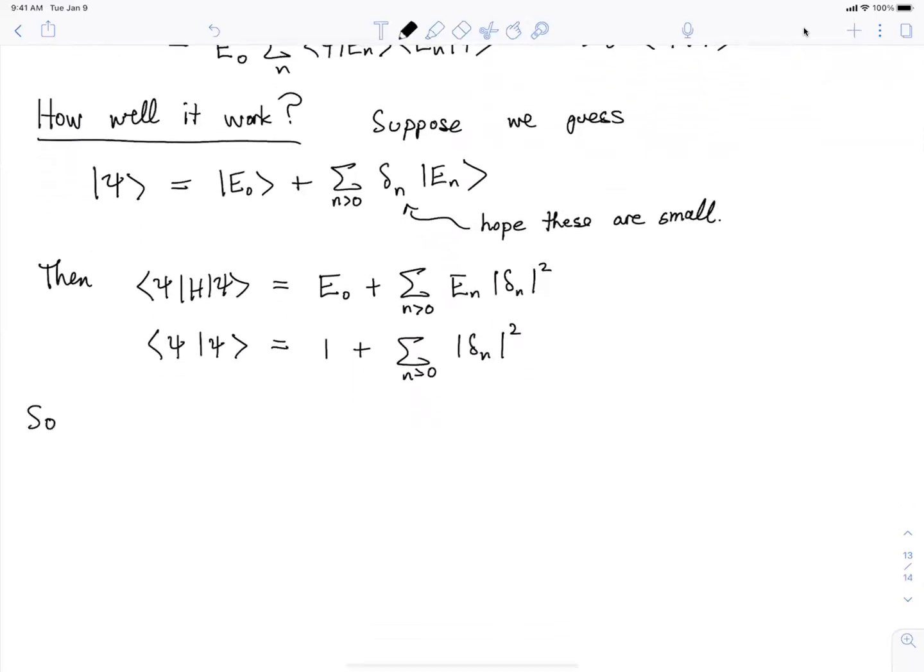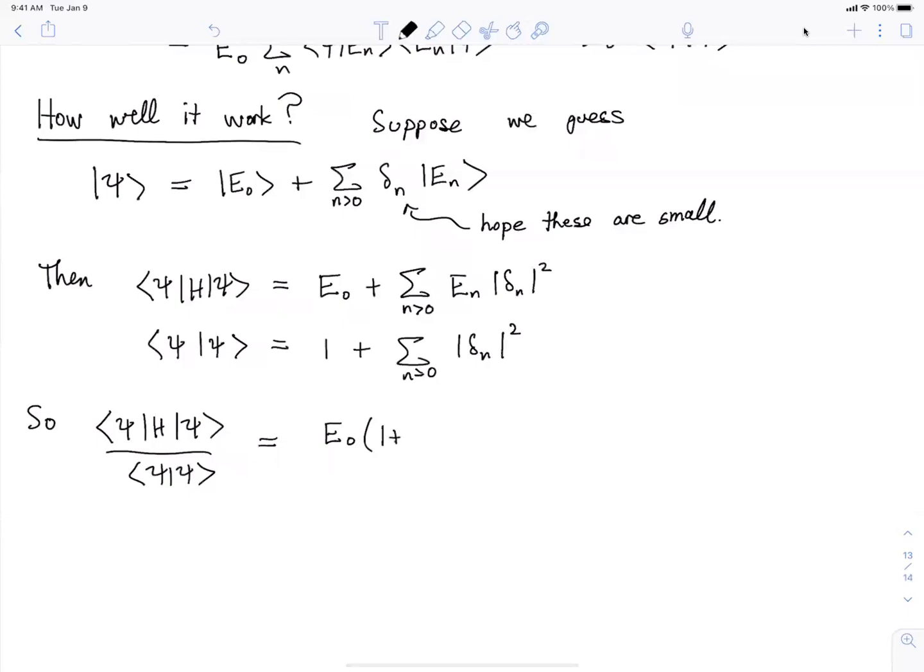And so now if we compute the thing that is supposed to give us our estimate of the energy, like so, that's equal to, we just write what we got.